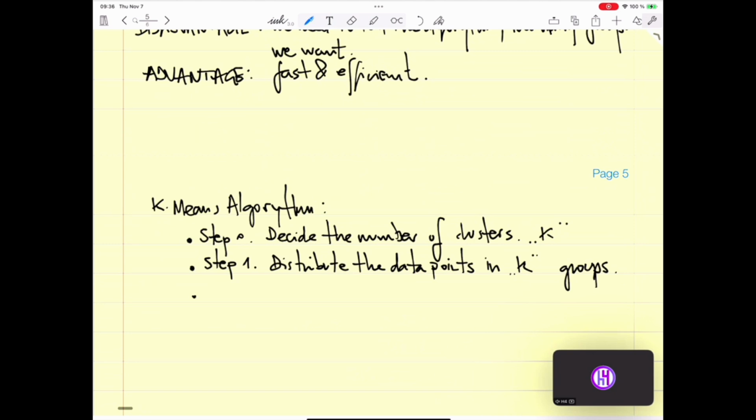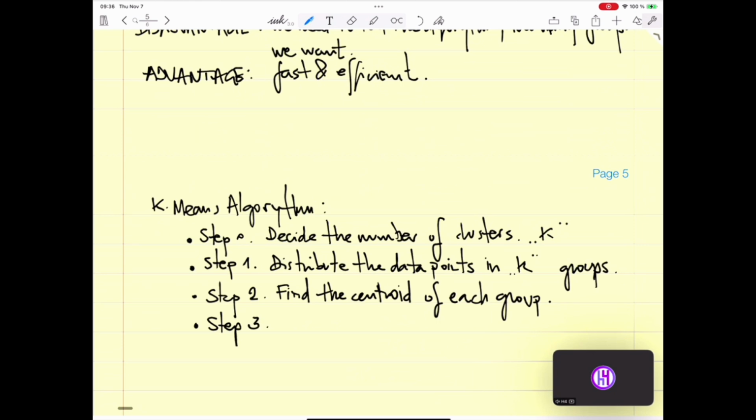Then step 2, find the centroid of each group. Centroid is like the gravity center. It's a very simple calculation. It's just like calculating the mean value.